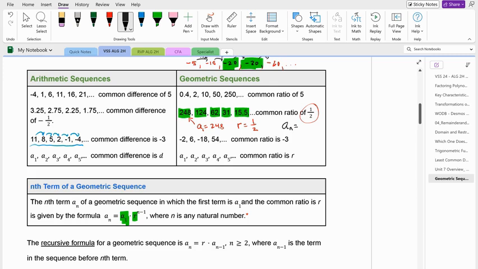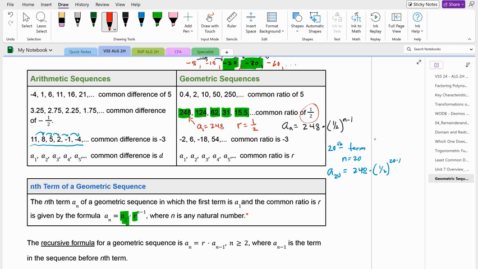So that means when we write our formula, a sub n, in order to generate any term that you want from the list, we would need the first term multiplied by the common ratio raised to n minus 1. So if you wanted the 20th term, then n is equal to 20, and you would have a sub 20 equals the first term, 248, times your r value, 1/2, raised to the 20 minus 1.